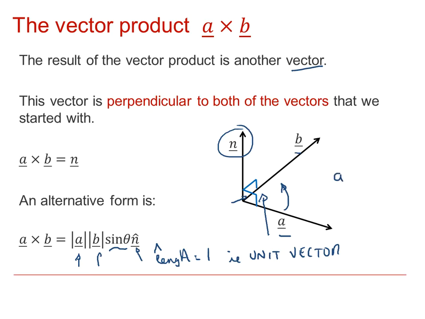It also means that if we consider A cross B equal to 0, then assuming that A and B are not 0 themselves, sine theta must be 0, and hence the angle between the vectors A and B is 0. So that means they are parallel. Contrast that with the scalar product A dot B being equal to 0, where the two vectors are perpendicular to each other.